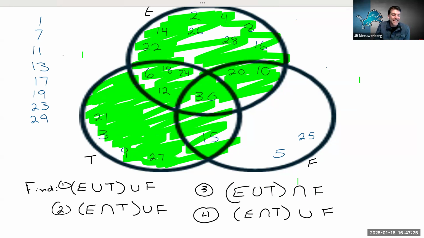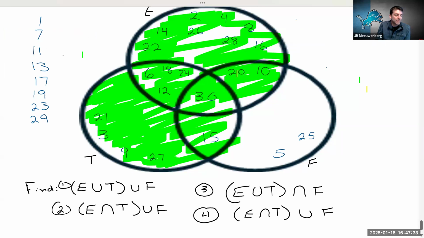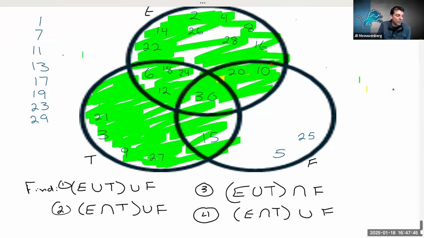And then what does that have in common with set F? So I'm going to grab a different color here. Yellow is not going to show up. Let me grab an orange marker here. And it's going to be only these, right? These are the sections.